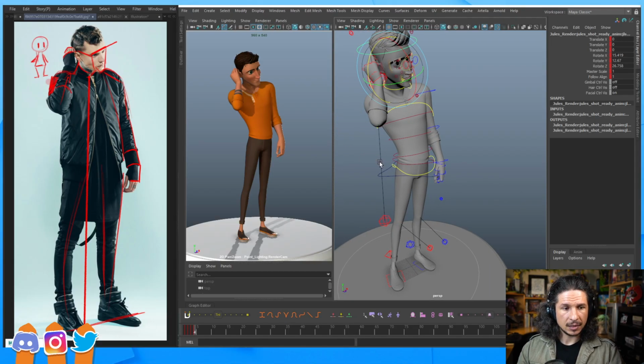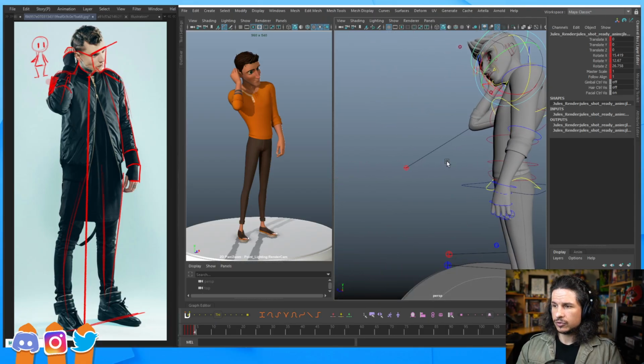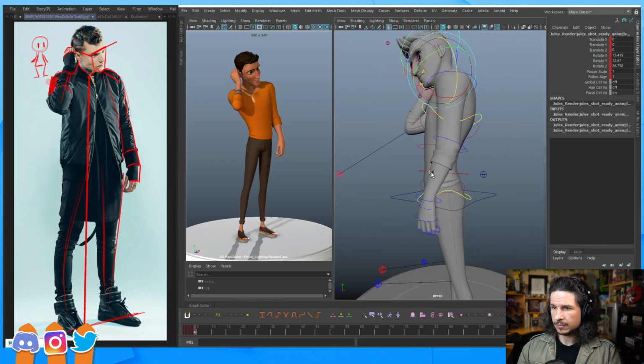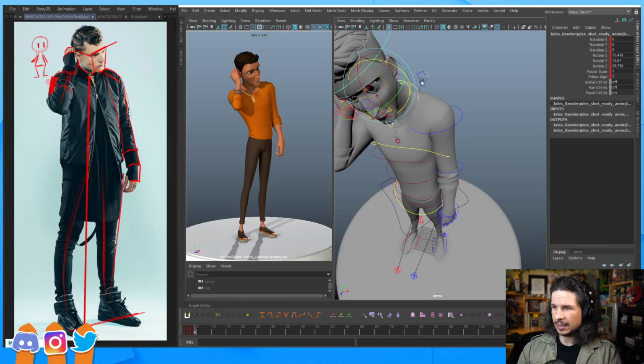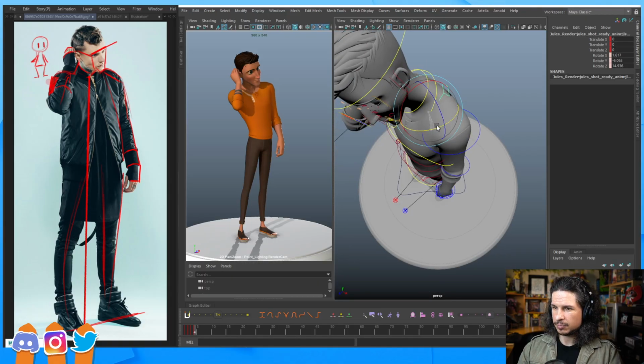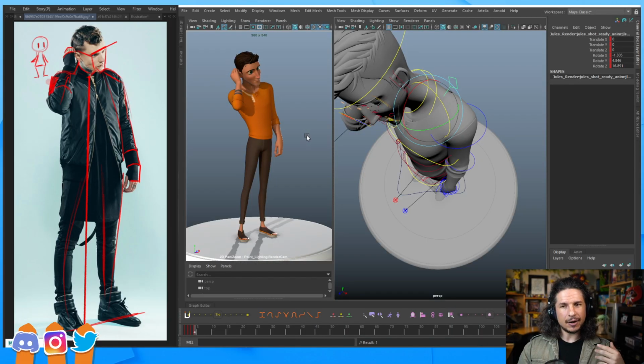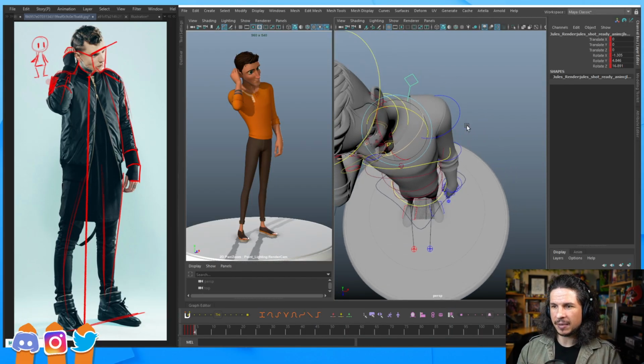Let's see. What else could I do? Well, at this point, I kind of want to try something. I just want to push this shoulder back. Just experiment. Do I like it back or forward? I kind of like it back. So this is where now I can start tweaking my animation a little bit.